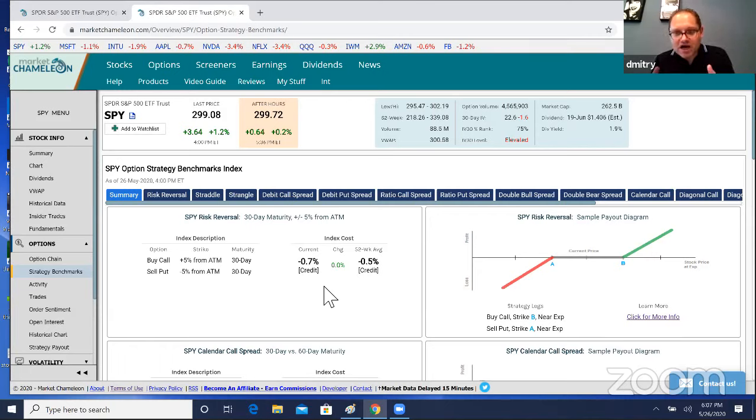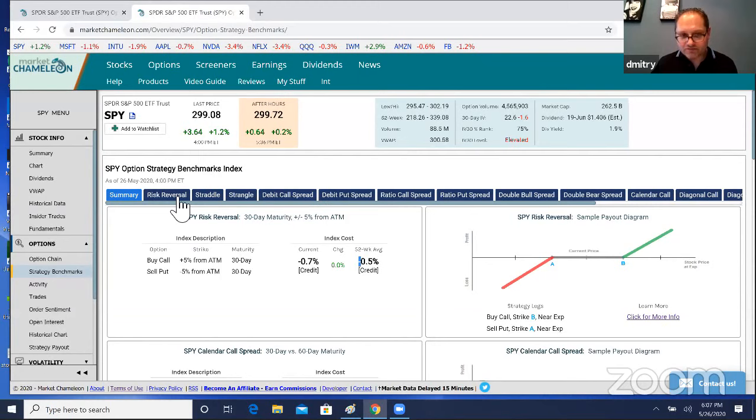So think of it in terms like this. If SPY was 100, the call would cost me 30 cents. The put I could sell for $1, so I collect 70 cents. That's 0.7% credit. And here you could compare it to historicals of negative 0.5%. So you could see it's a little bit higher than the historical levels.